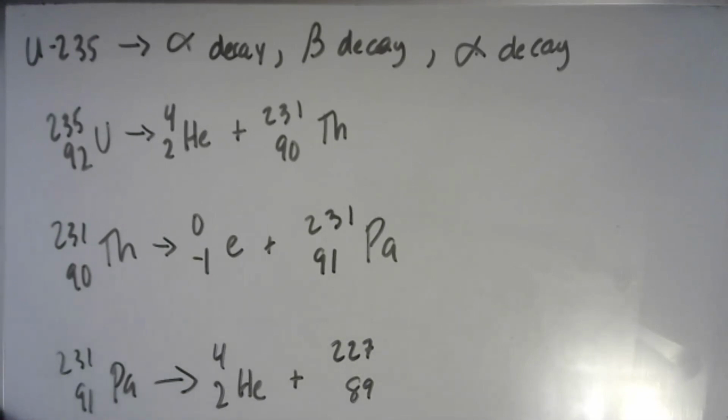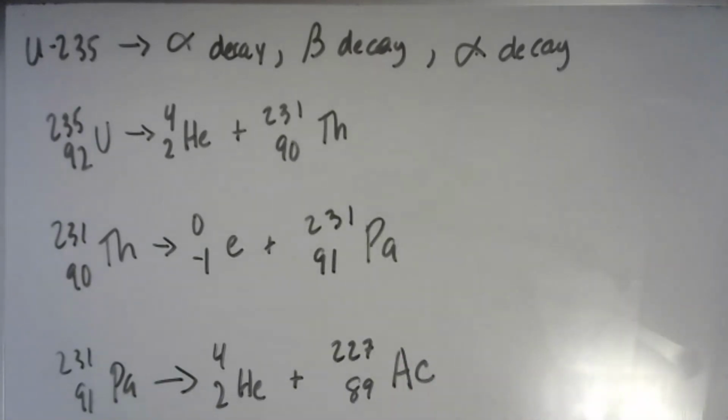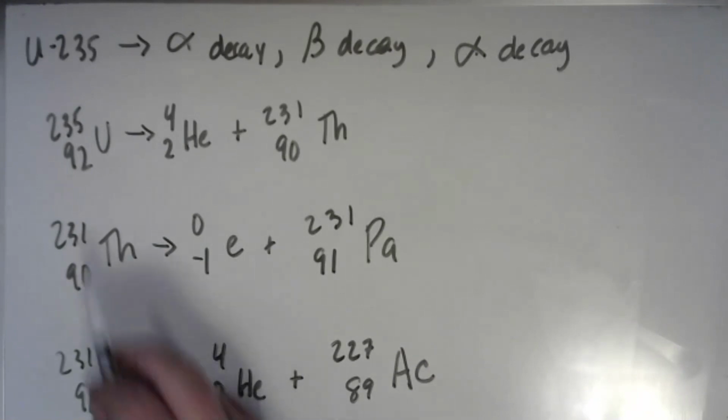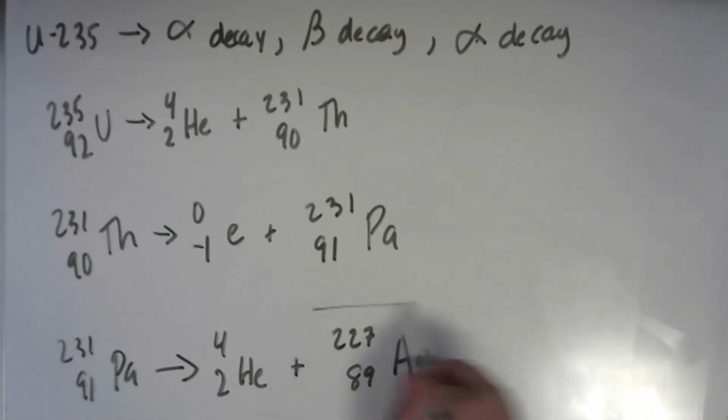Look up number 89 on the periodic table. That's going to be actinium. And that is your 3 decay sequence, right? So this was your alpha decay, this is your beta decay, and then this is your next alpha decay. And this is your final isotope product.